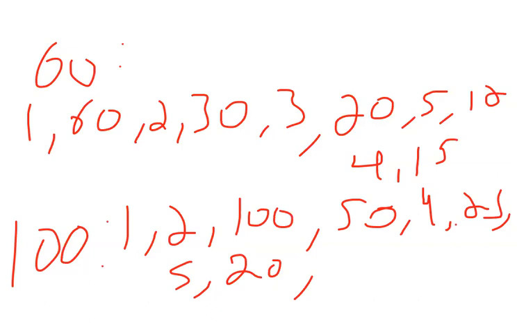Let's see. I think I actually see the answer. 20 is a pretty big number, and if we do more, it will turn out 20 is the greatest common factor. But that's fine. You should still check all the factors though. But I know 20 will be the right one here.